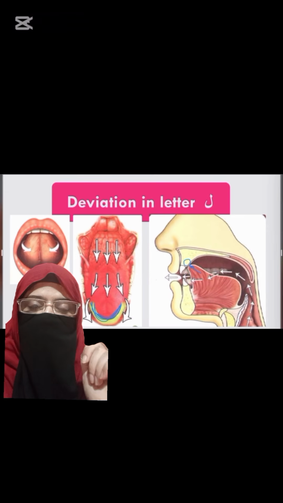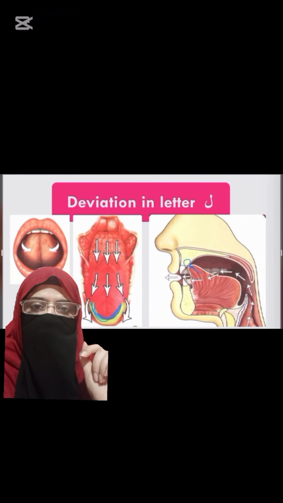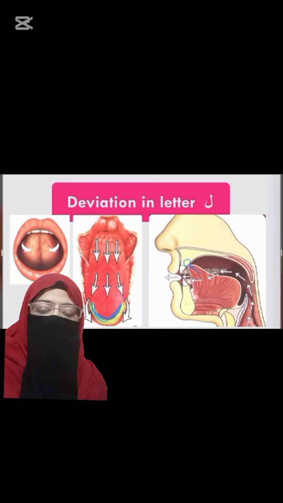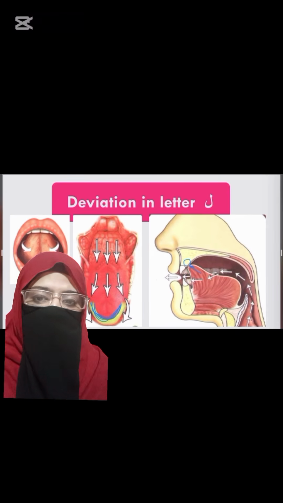So we are especially focusing on the deviation or turning of the sound pathway in the production of the letter lam.